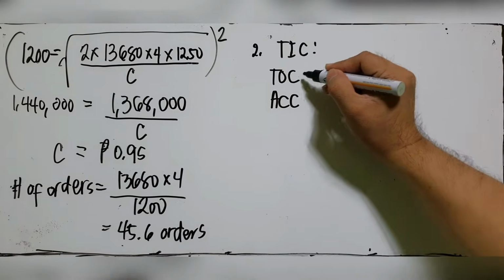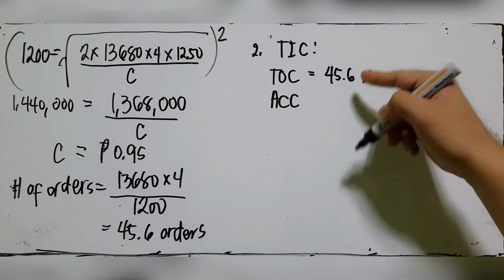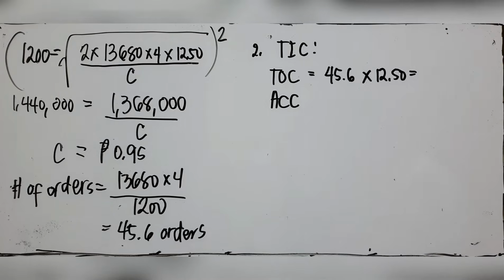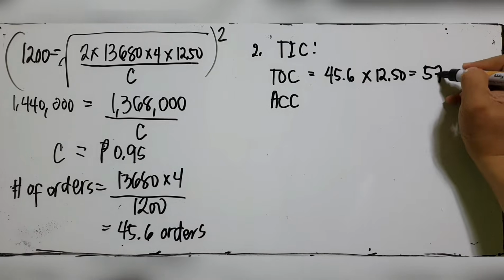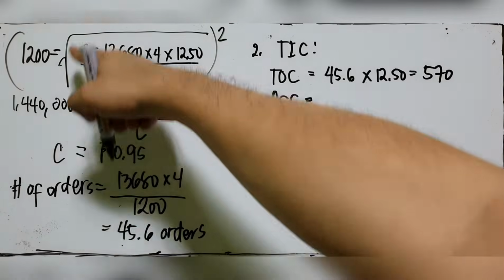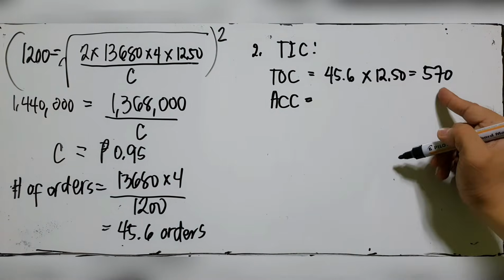So, total ordering cost is the number of orders na 45.6 times the ordering cost which is 12.50. So, anong answer natin dito? 45.6 times 12.5, the answer is 570. And syempre, since EOQ yung scenario natin, we are expecting that the annual carrying cost should be equal to 570 as well.